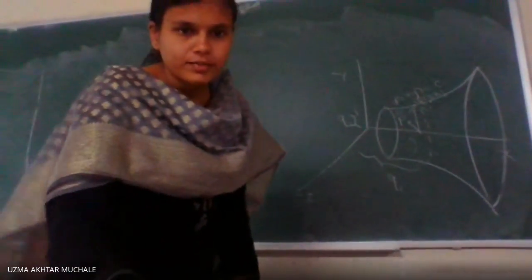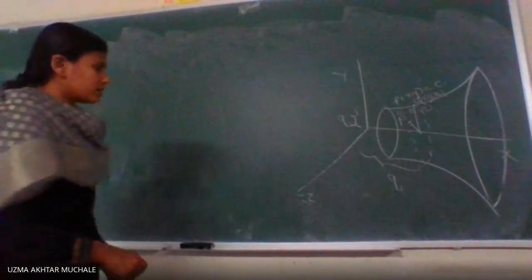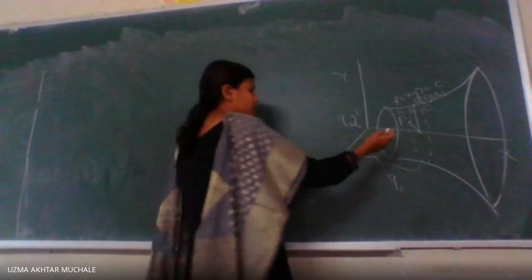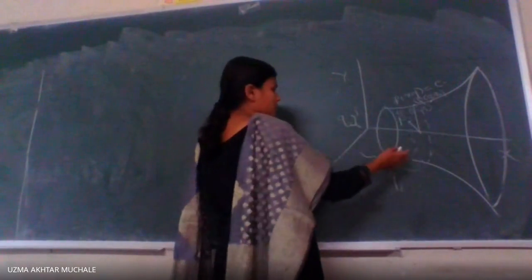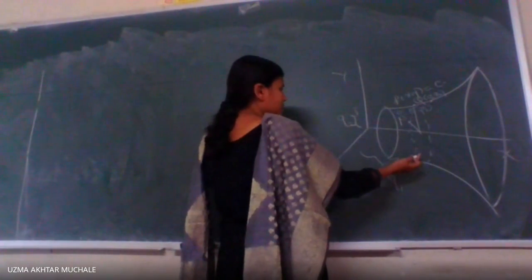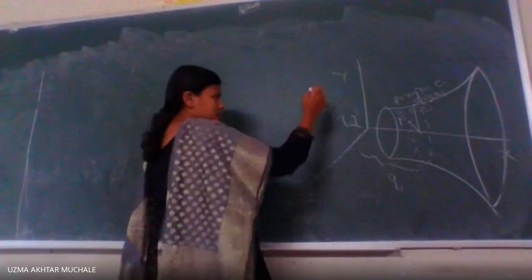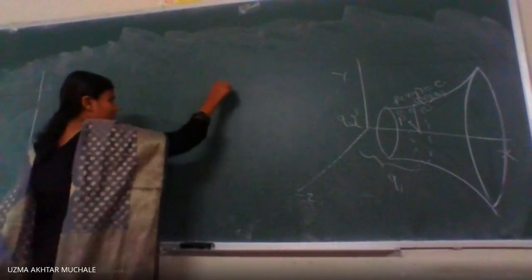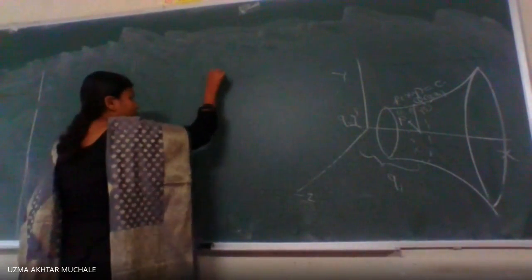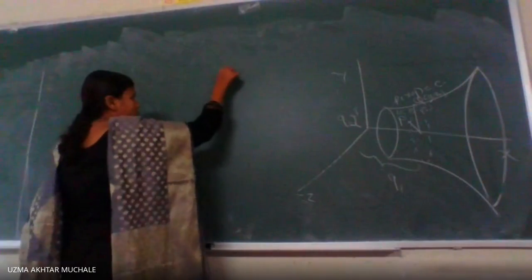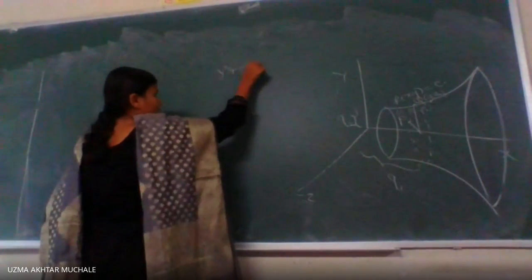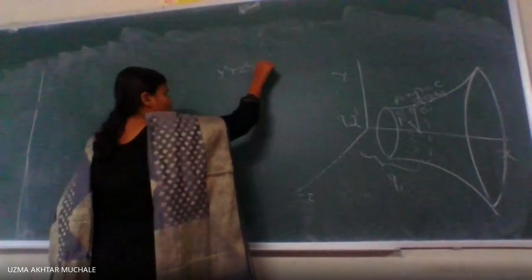So let us start. Let me see what this circle is. If I want to find the equation of a circle, what is this circle? It will be just parallel to our yz plane. So let me take this as parallel to our yz plane. What will be the equation of a circle in the yz plane? y square plus z square equals Q2 square, since the radius is Q2.